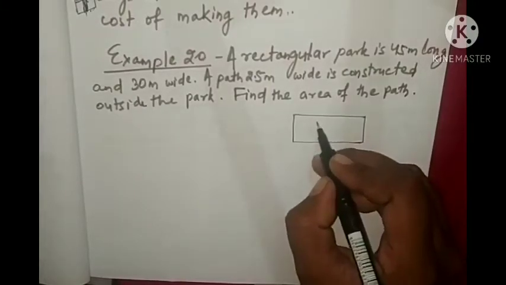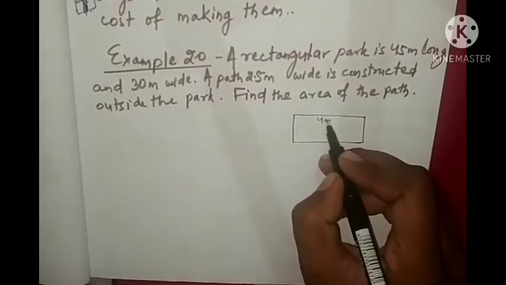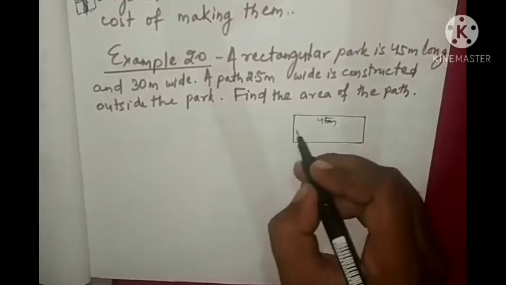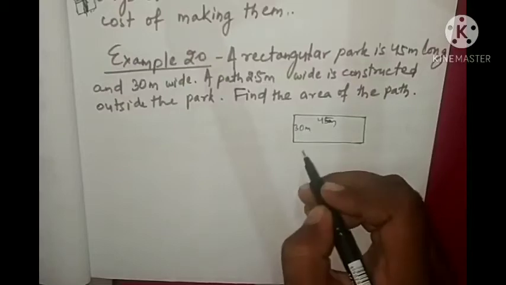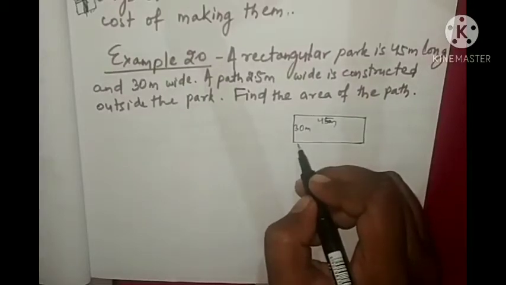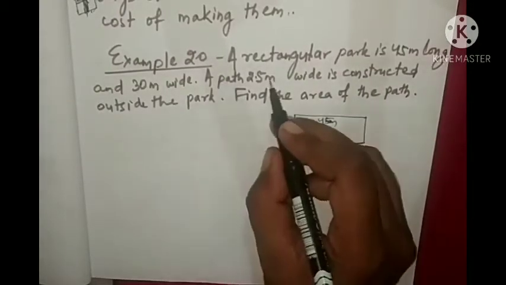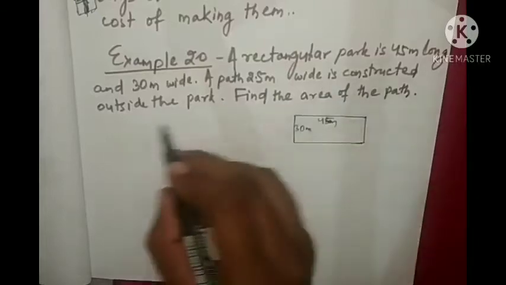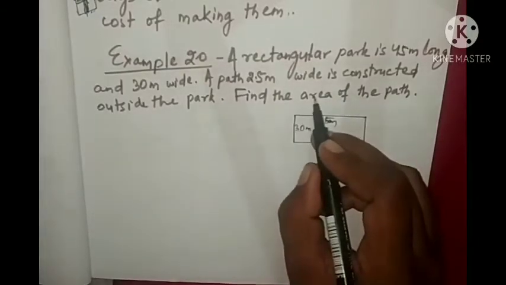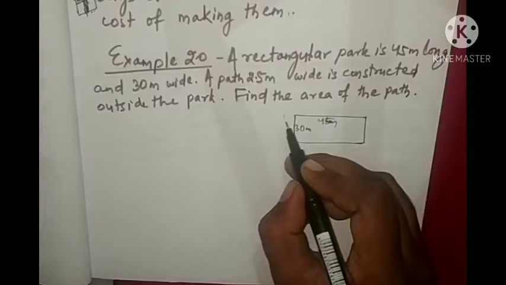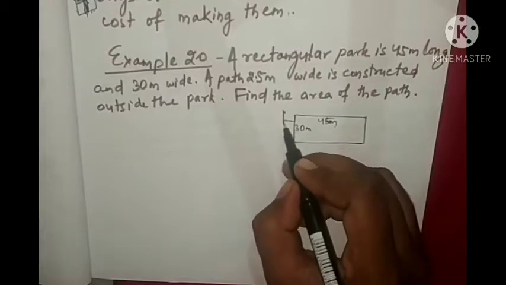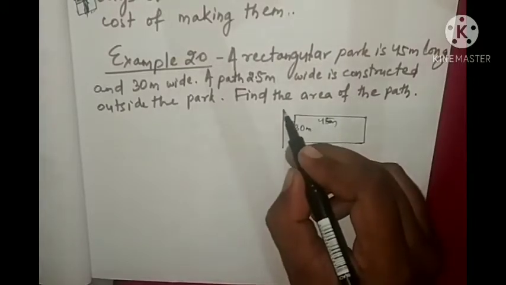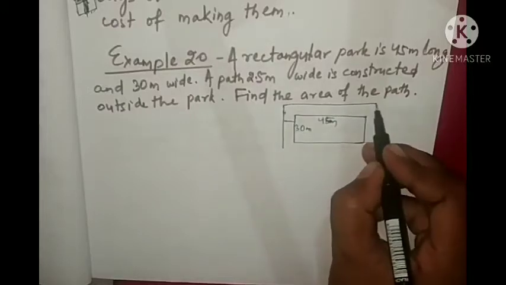Length is 45 meter and wide, meaning breadth, is 30 meter. A path 2.5 meter wide is constructed outside the park like this.